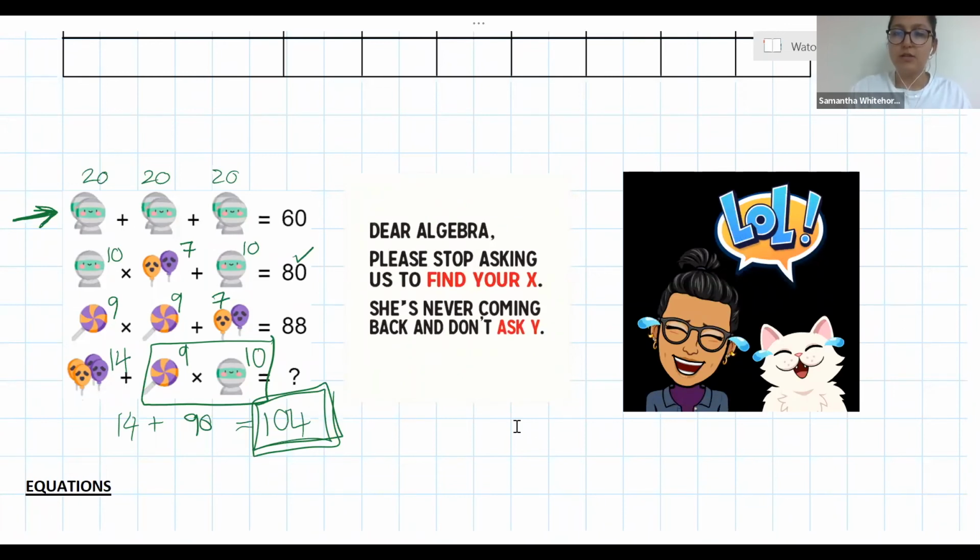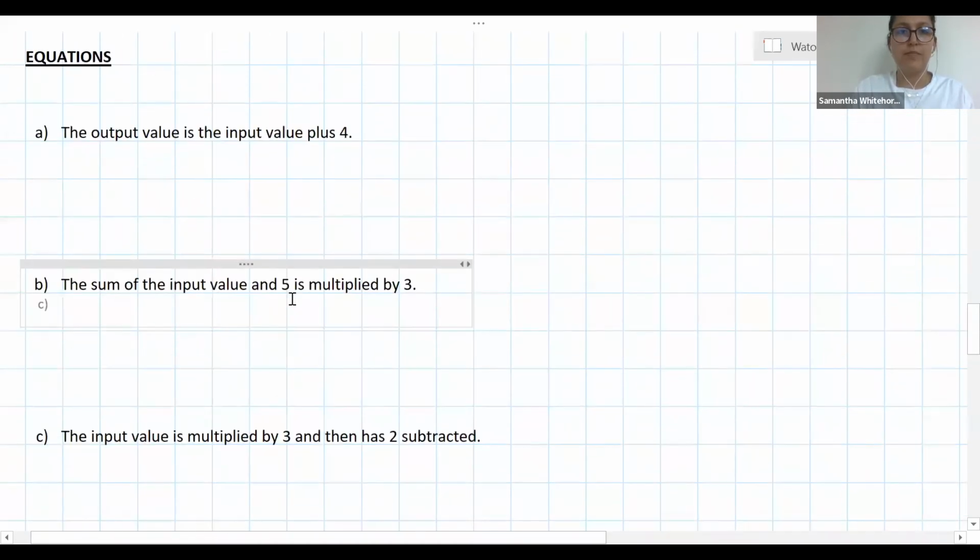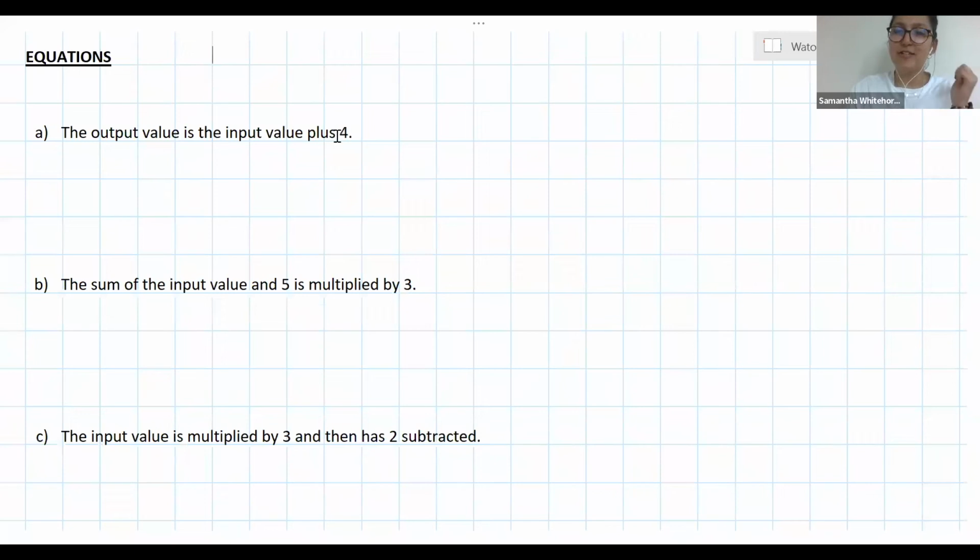Alrighty, guys, let us get into this whole graph concept. I'm going to say this again: we are focusing currently on graphs. If you are struggling with another section, please have a look on Watobe's website because there are videos there.